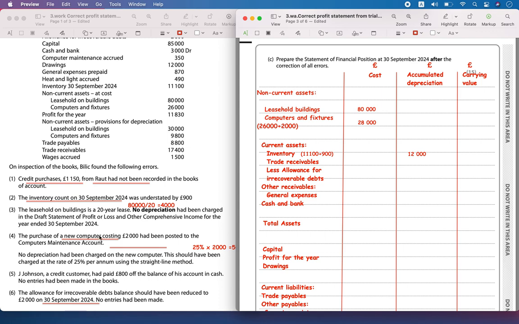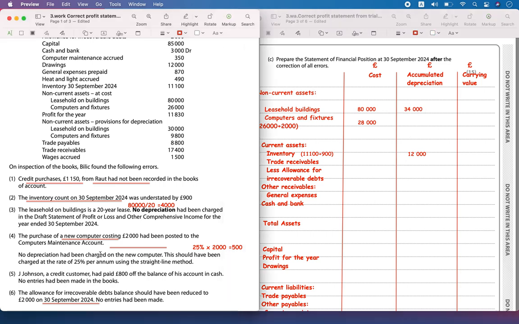Then we had purchase of new computer costing 2,000, which we have accounted. Then the depreciation charge of 4,000. So the total depreciation is now going to become 30,000 plus 4,000. So 34,000. Okay, and then there was also a depreciation charge on the computer and equipment.